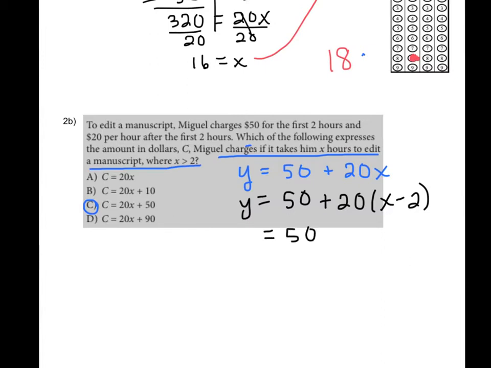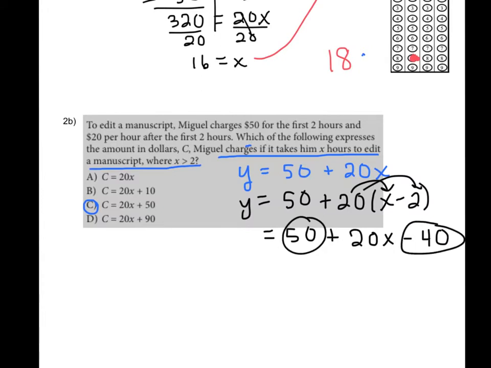So I'm going to do that by distributing the 20. So that'll be 20x. 20 times negative 2 is negative 40. And we'll combine like terms and get 10 plus 20x. So that's what our function will be. So sure enough, the answer here is B.